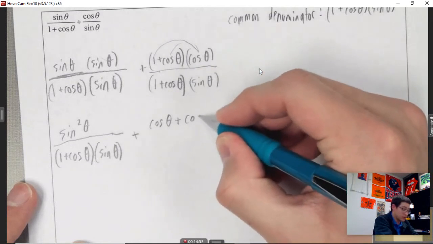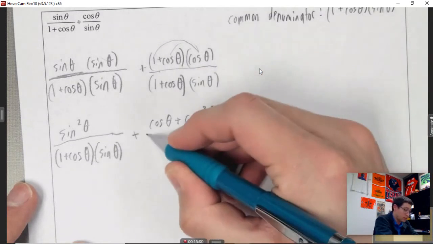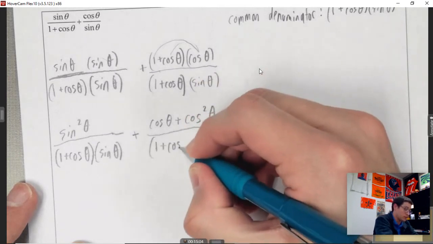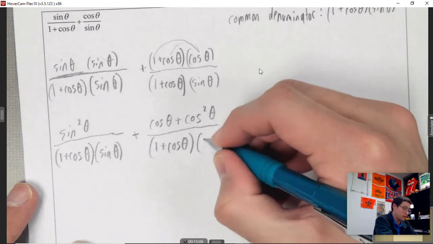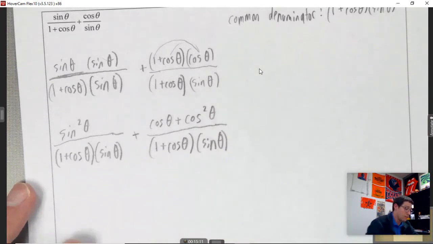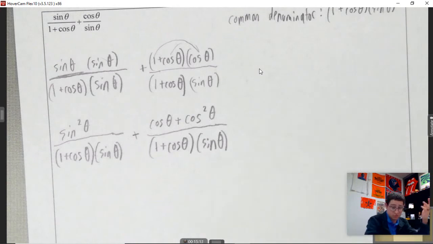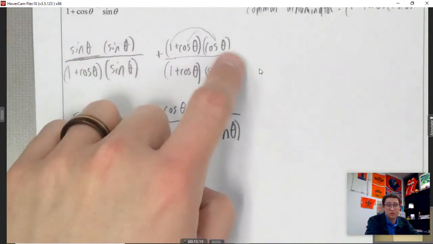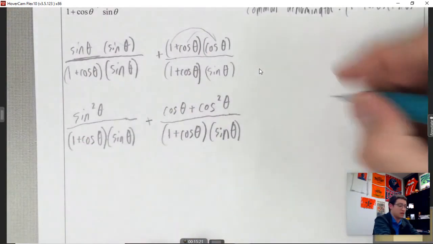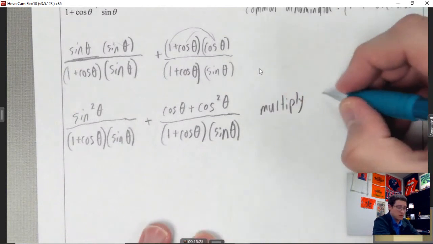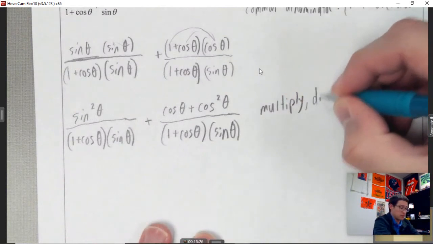So that's going to be cosine squared of theta, all over 1 plus cosine of theta, and then times sine of theta. Now, so far all we've done is multiply. We multiplied sine times sine, and then we distributed that cosine. So if you want to write that, you can. That's not typically one I would write, but we multiplied and distributed.